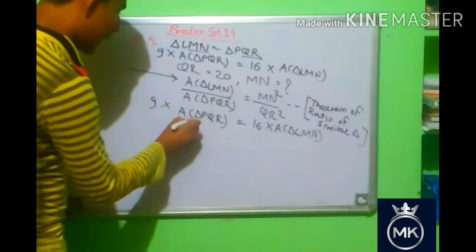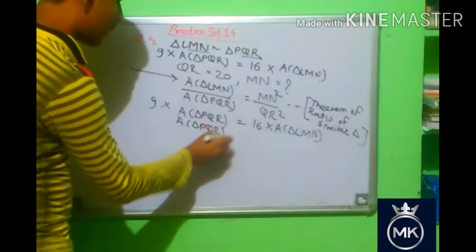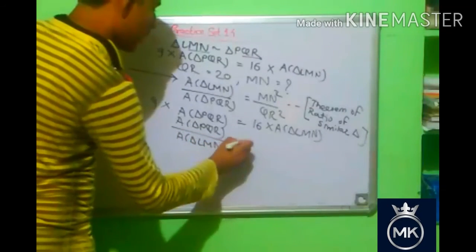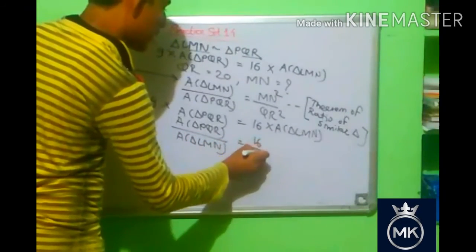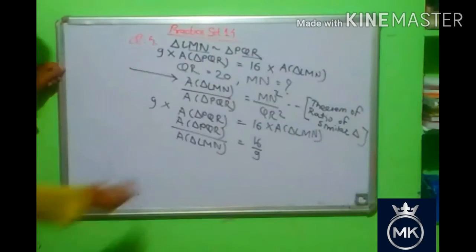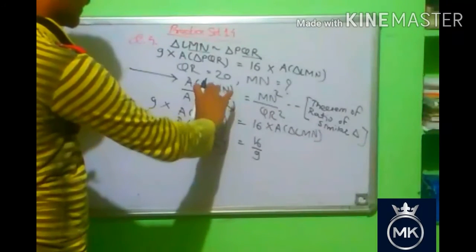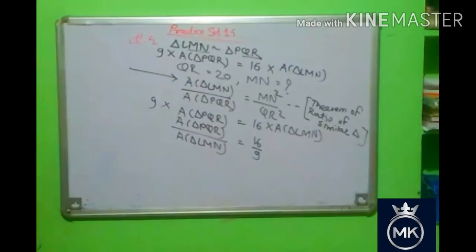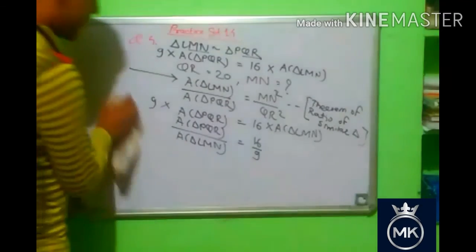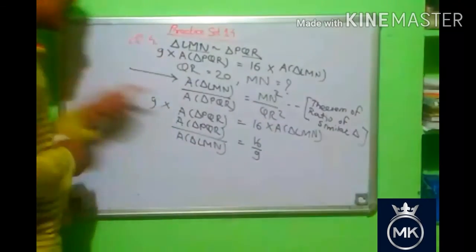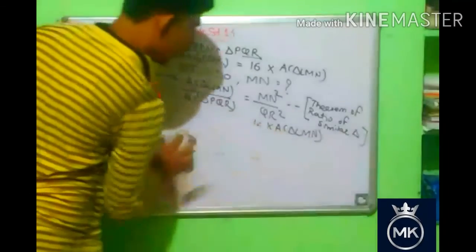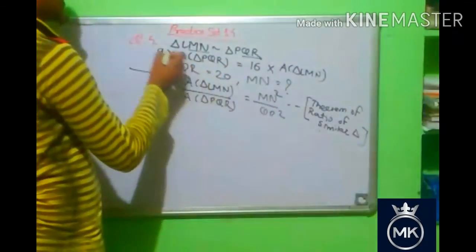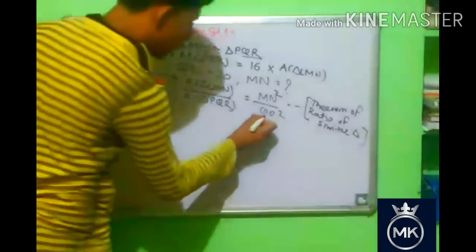So area of triangle PQR by area of triangle LMN is equal to 16 by 9. Okay, so we have found the value of both areas. Only we convert this multiply to divide and this multiply to divide on the other side.